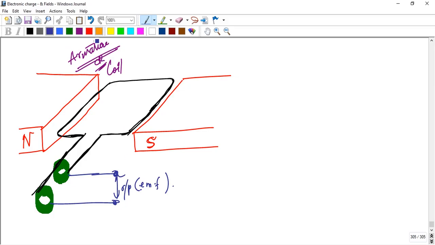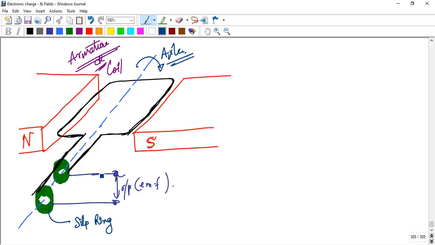These are the armature coil and the magnet, and this is the axis, also called the axle. The green line is called the slip ring, and these are the carbon brushes.